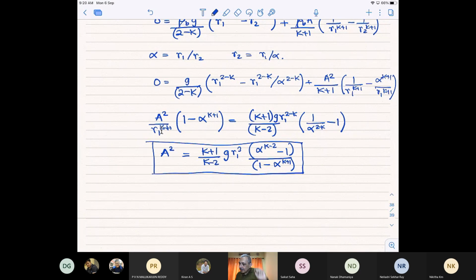Now alpha is always going to be... somehow I've made some mistake somewhere, and I don't know, there's a minus sign that is somehow missing.